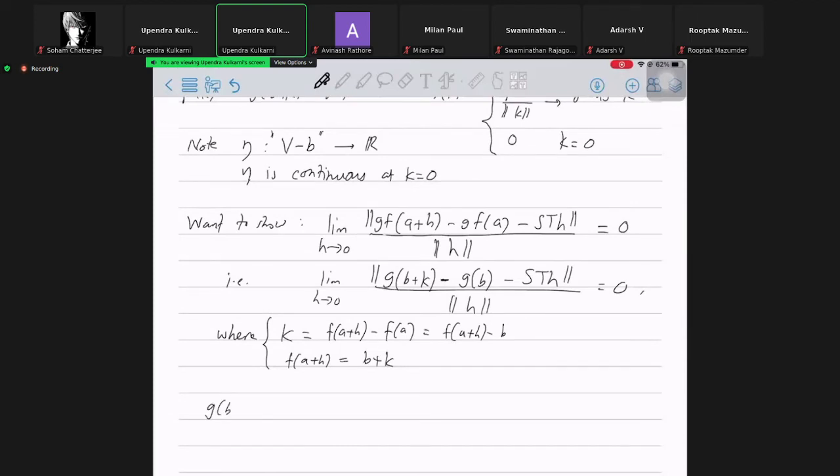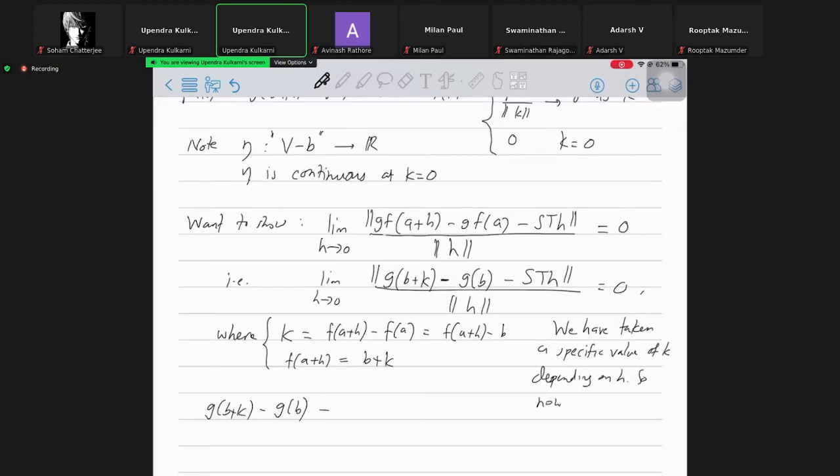G of B plus K minus G of B. And now the second thing over here, S of P of H. You see, I'm taking a specific value of K depending on H.